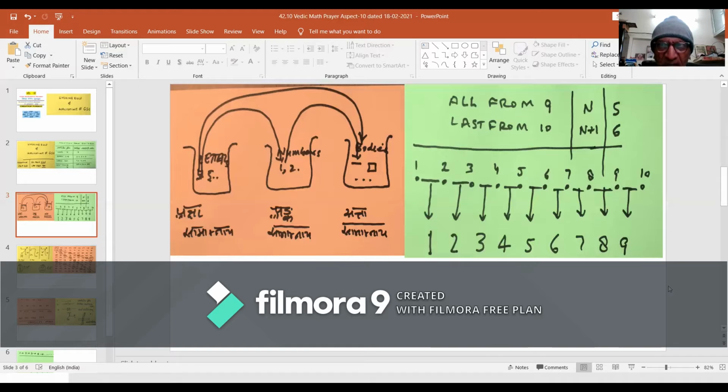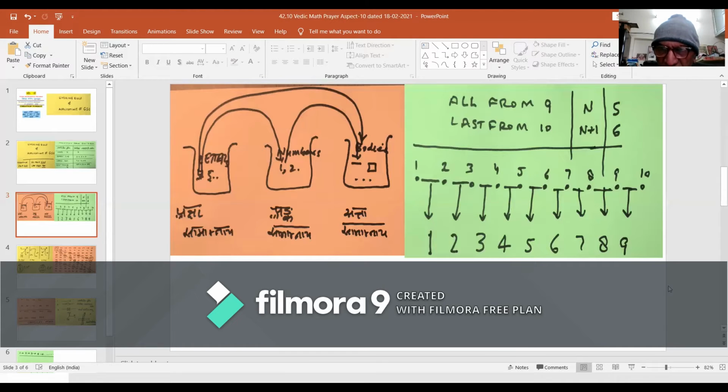We are reaching from letters to numbers and to the geometry as well. Let us now see that the working rule of Ganita Sutra 2, Nikhilam Navatashcaramam Dashatah, is all from 9 and last from 10.